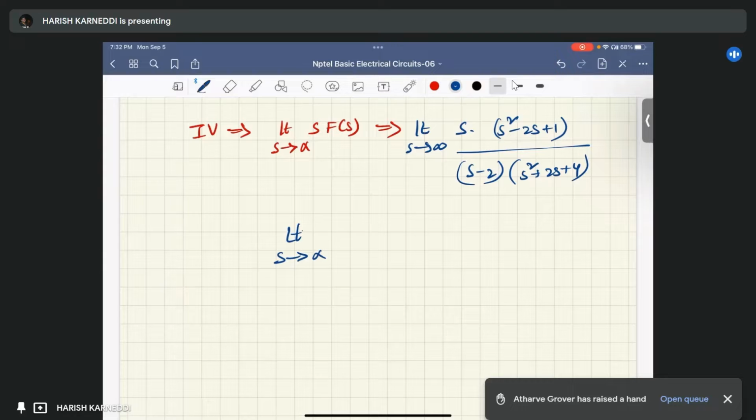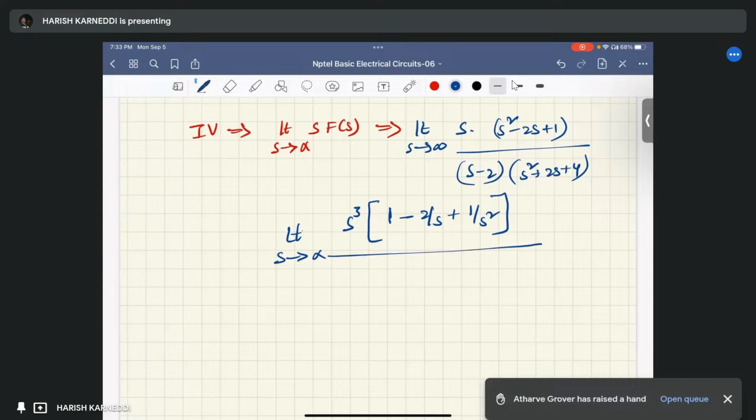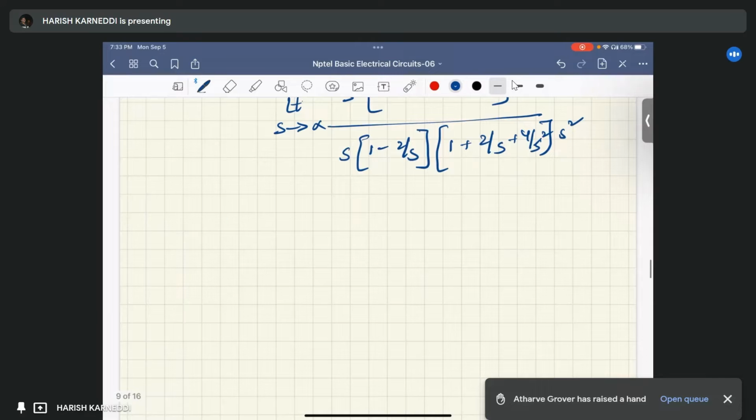As s tends to infinity, you can take a common s square, which is 1 minus 2 by s plus 1 by s square. You can take s out, 1 minus 2 by s, and you can take s square outside, 1 plus 2 by s plus 4 by s square, which is limit s cube.